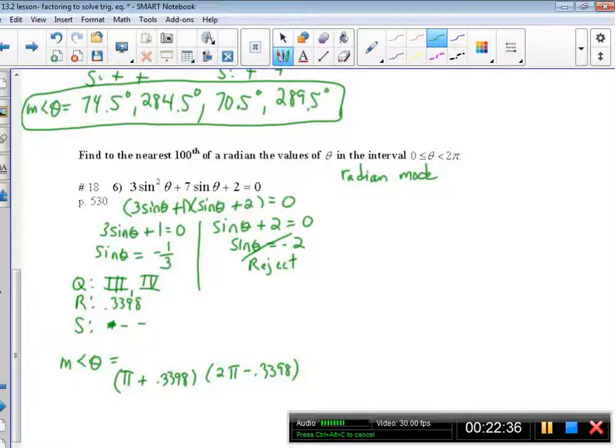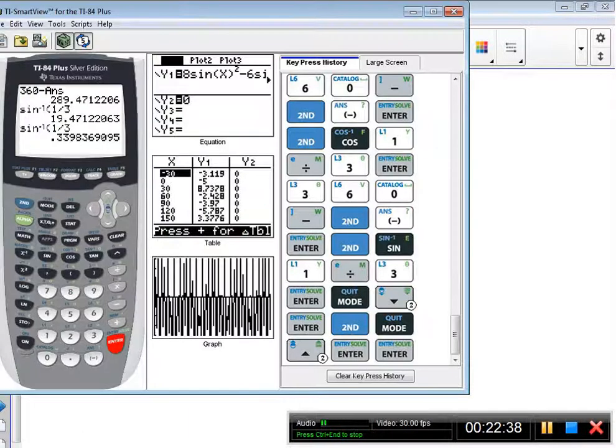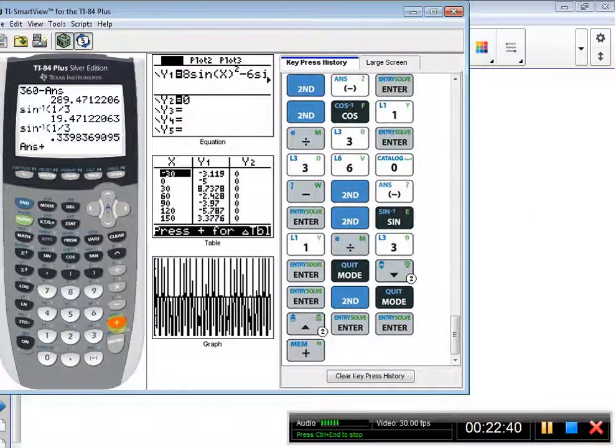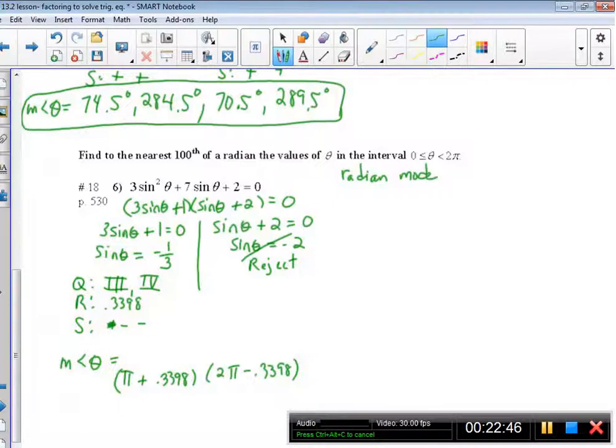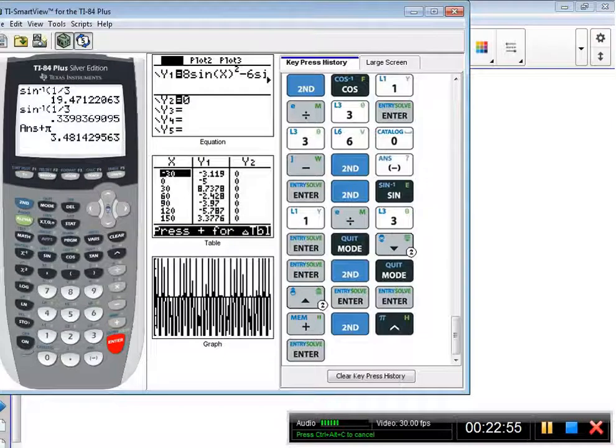So pi plus, I'm going to go back here. I've already got it there, so plus pi, so I get 3.48. They wanted it to the nearest hundredth. And then I'm going to go back to my calculator, and I'm going to subtract out the pi to get that back.